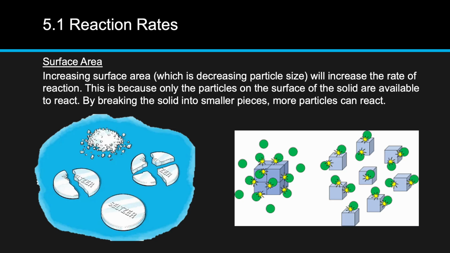So when a particle size is decreased, surface area is going to increase, which exposes more particles that can participate in those collisions. And that is going to lead to more frequent effective collisions, which then leads to a faster reaction rate. And that's why powders are going to react a lot faster than large chunks of the same substance.